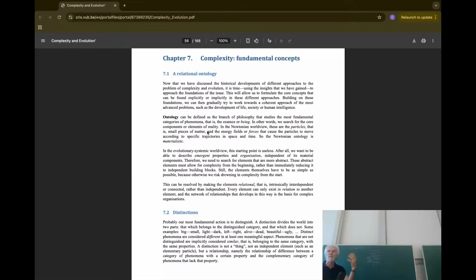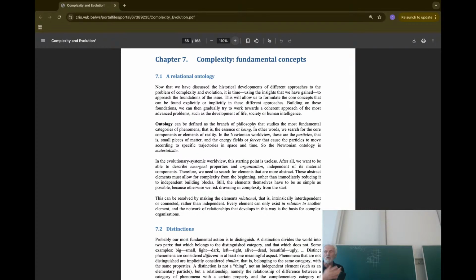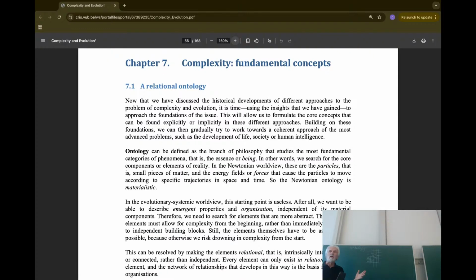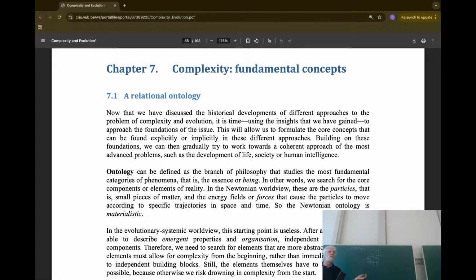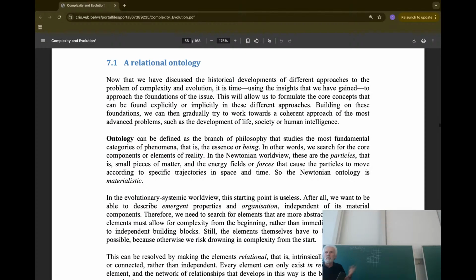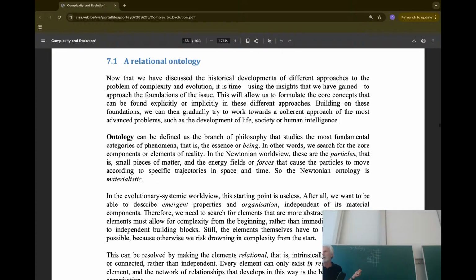It doesn't allow us to understand organization. It doesn't allow us to understand creative evolution where new forms of organization emerge. Because if things are just bits of matter that move like billiard balls that hit each other, then nothing really new can emerge. So we need to go deeper than that.